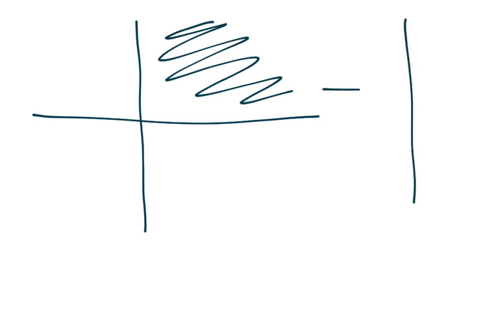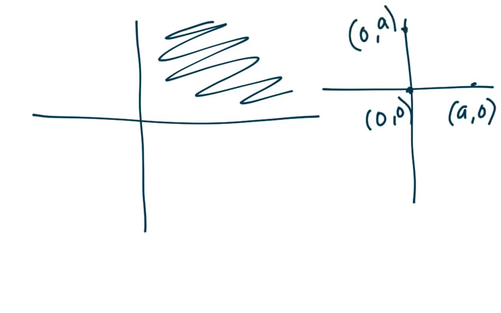So for example, if I was talking about a square, 0, 0, A, 0, 0, A, and A, A. Now before I did 4, 0, 0, 4, and 4, 4. But I'm just picking a variable, so that would be a very convenient location.